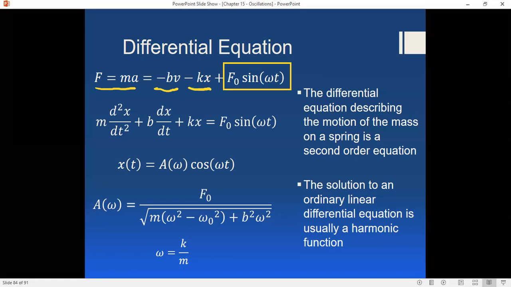And what this is, is an outside force which is oscillating, not necessarily at the frequency that the harmonic oscillator likes to oscillate, but it's producing this time-varying oscillating force on the system. And I want to find out how the system is going to behave.